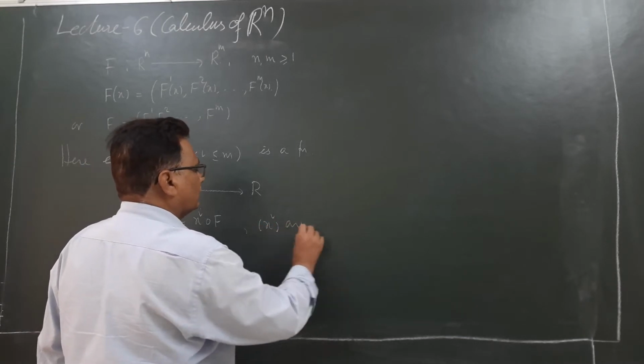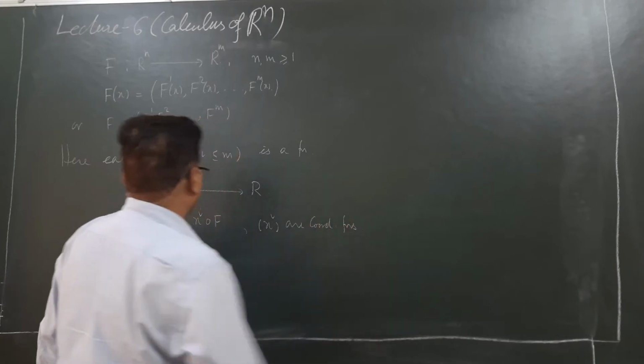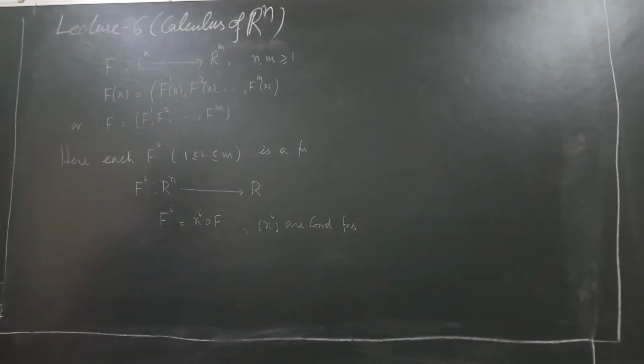These are coordinate functions on Rm, because i is varying between 1 and m.